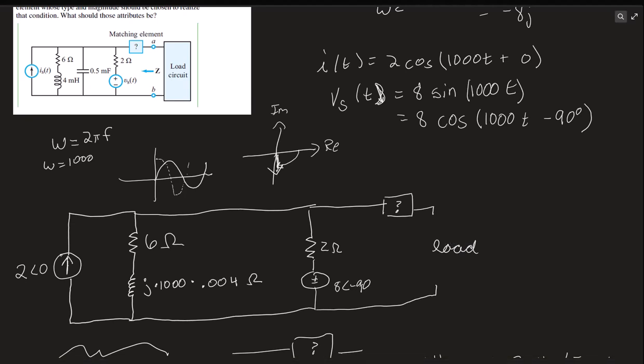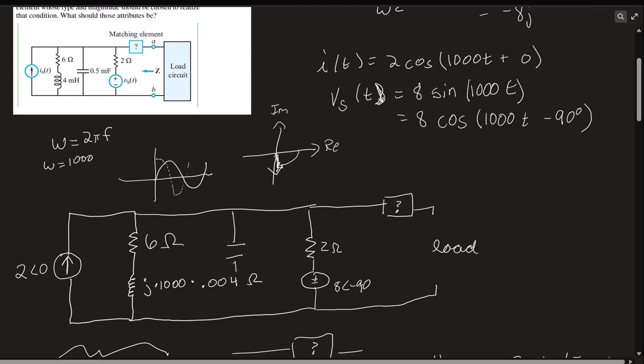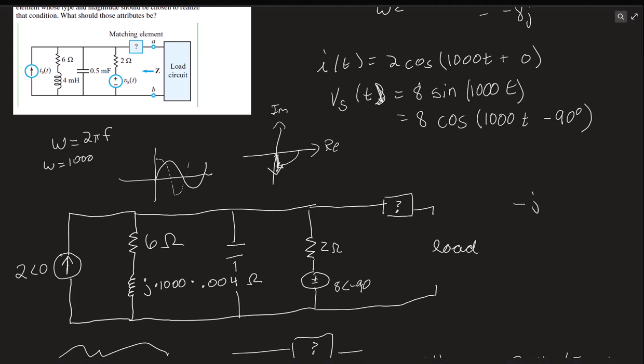So the capacitor is 0.5 millifarads. So minus j over omega C. So that's minus j over 1,000 times 0.5 milli, which is 0.0005.